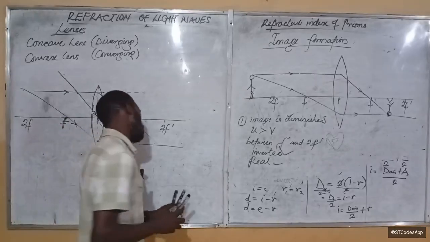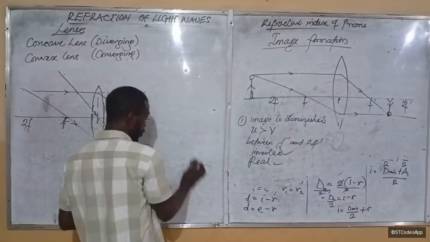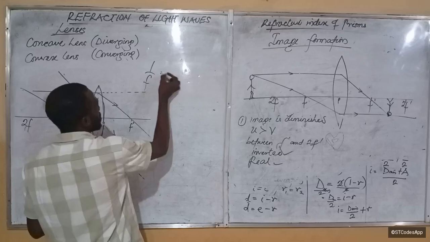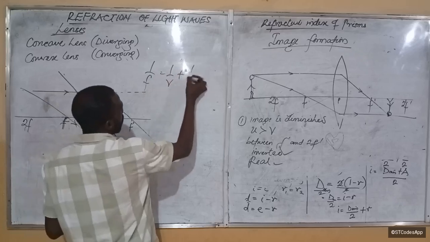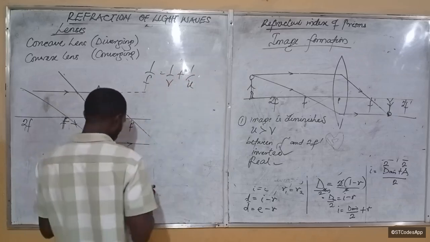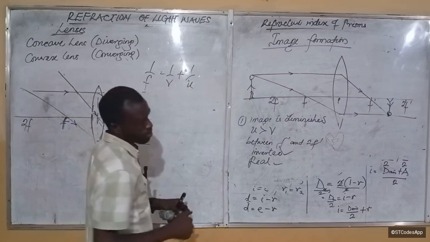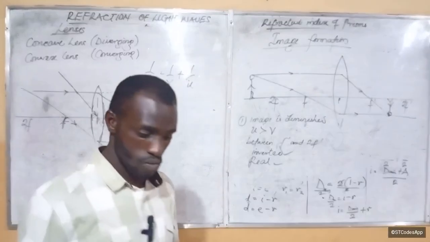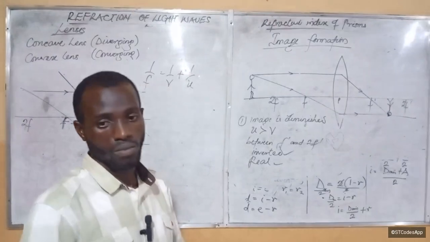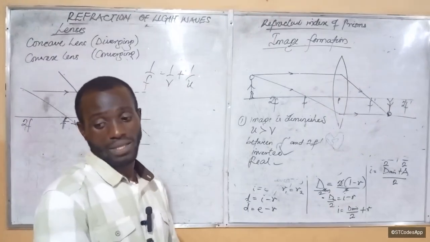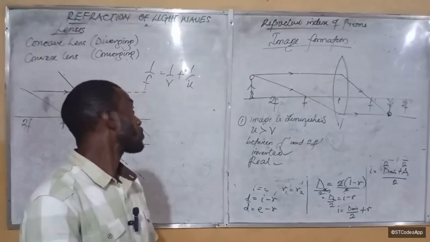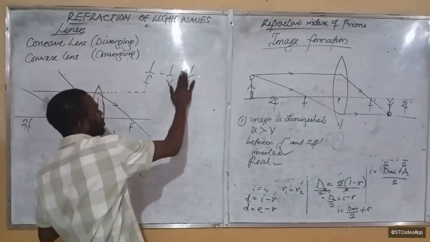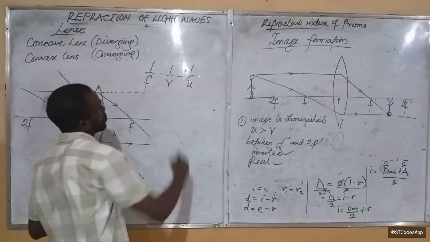Now, then of course you have the lens formula, just like your mirror formula. That's going to be what? 1 over f is equal to 1 over v plus 1 over u. Do you understand? So that's what you have. Sorry, is it plus or minus?